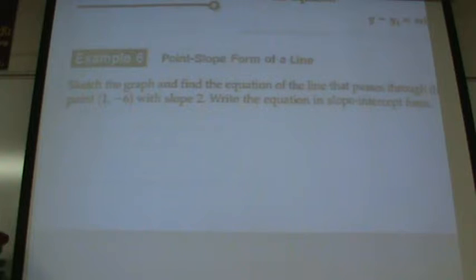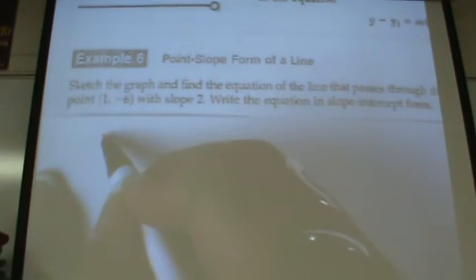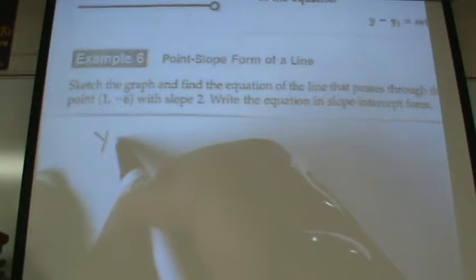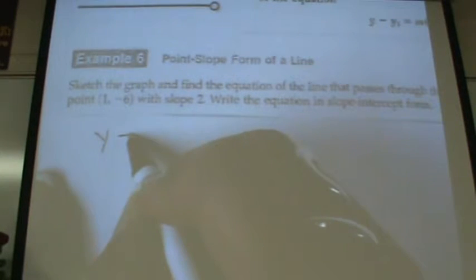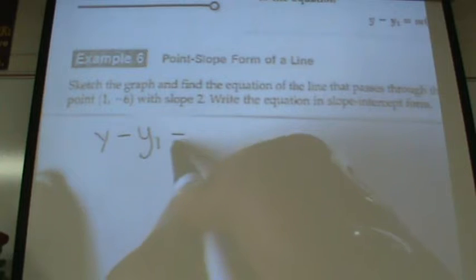So can you first start off with writing this in point slope form? What would you write? y minus y1 equals m. y minus what? Okay, you're giving me the equation.